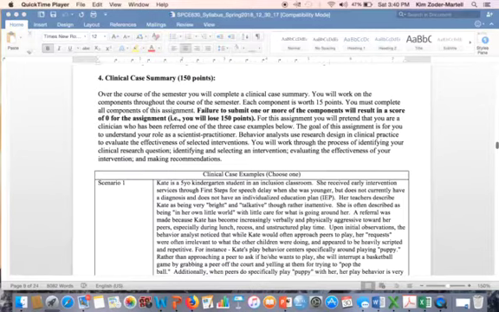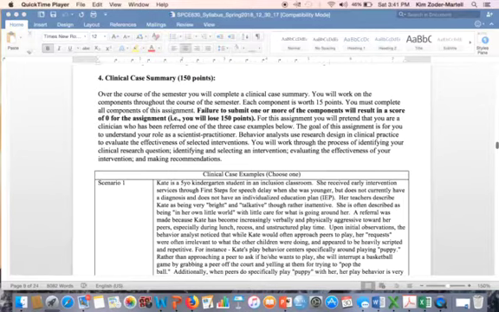One of the things that I want to point out about this assignment is that you need to complete each of the 10 components in order to obtain credit. And I debated having this assignment due as one cohesive paper at the end of the semester, but I thought that it would be better to break it up and allow you the opportunity to work on different components throughout the semester so that it's not so overwhelming, and also so that you can get feedback throughout the semester.